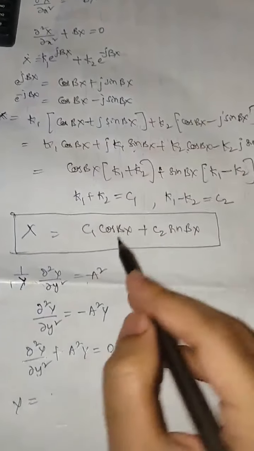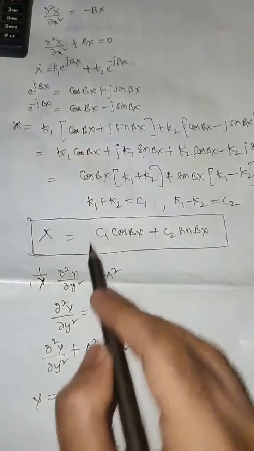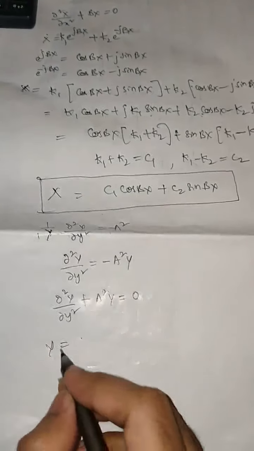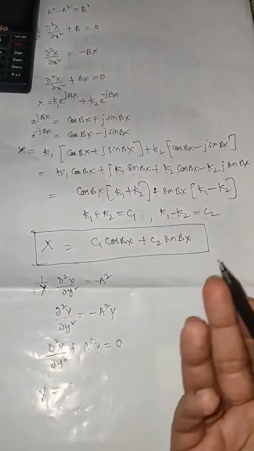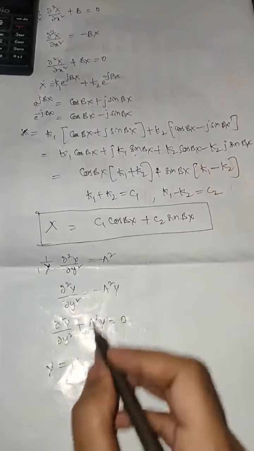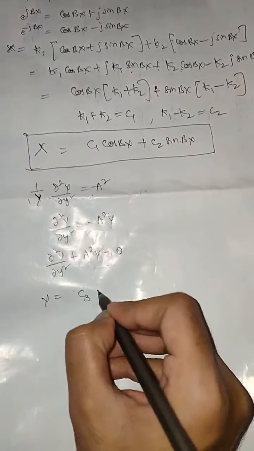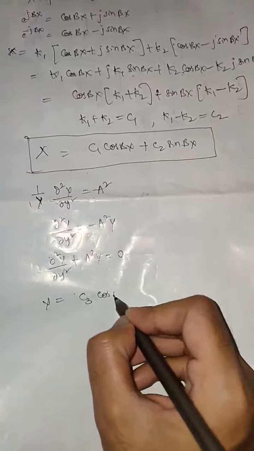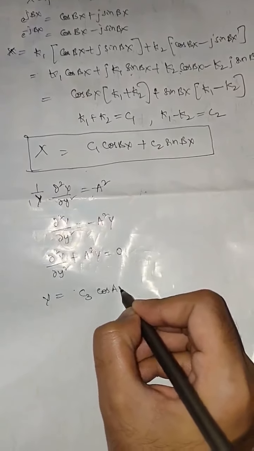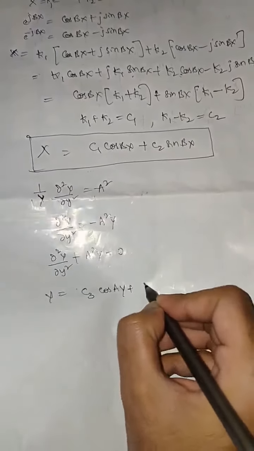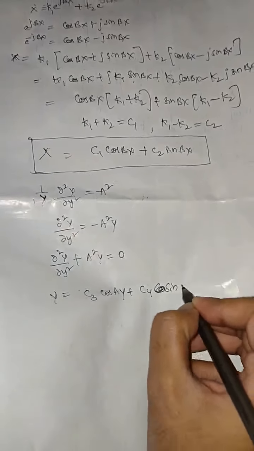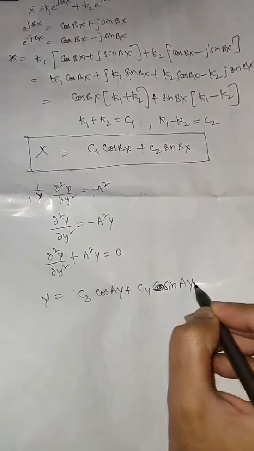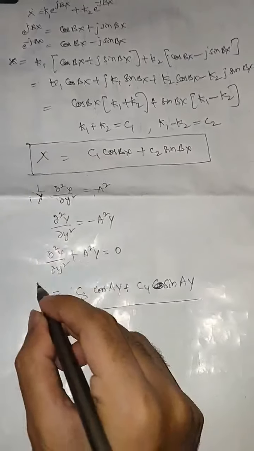In the place of x I have replaced it with y, then the solution changes to this: c3 cos ay plus c4 sin ay. So this is the solution for Y.